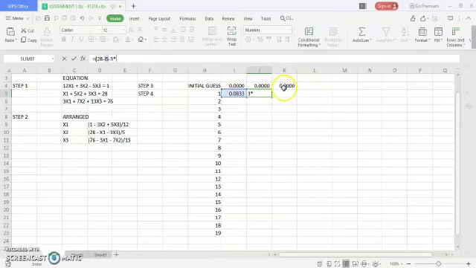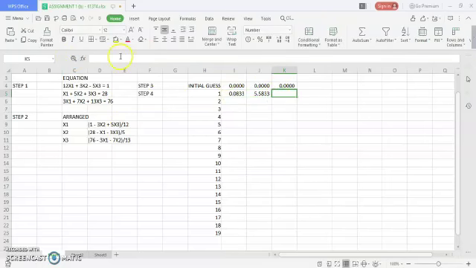We use the one from the initial guess, since we haven't got the new x3, so we use this here. Close bracket, divide by 5. Then we just click the tick button and we got x2.